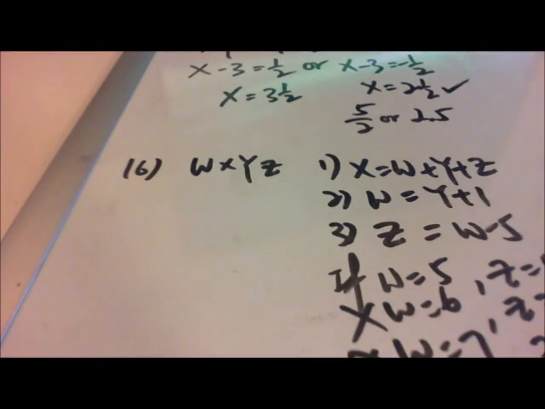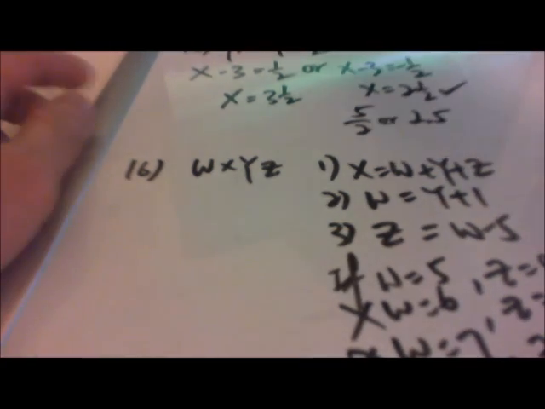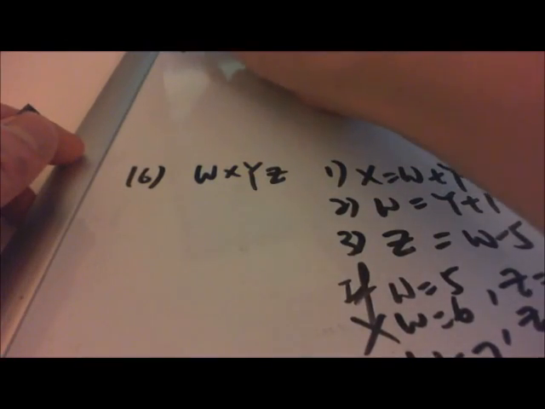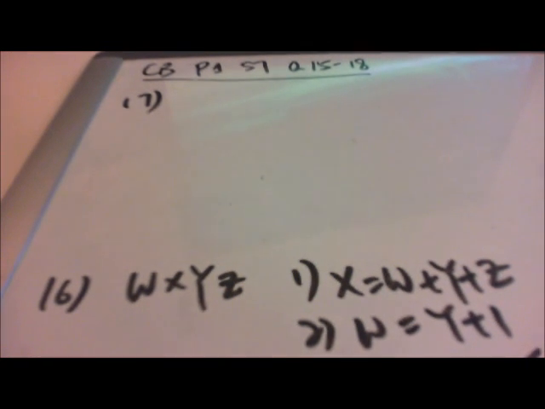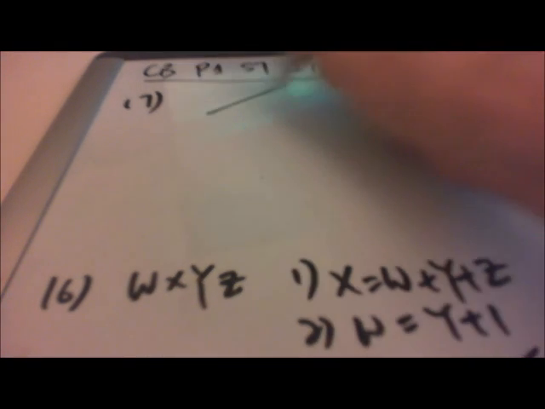Okay, so now if we go for 17 and 18, let's erase them first. Let's go to number 17. Now 17, they're looking for the length of the perimeter shown in bold.